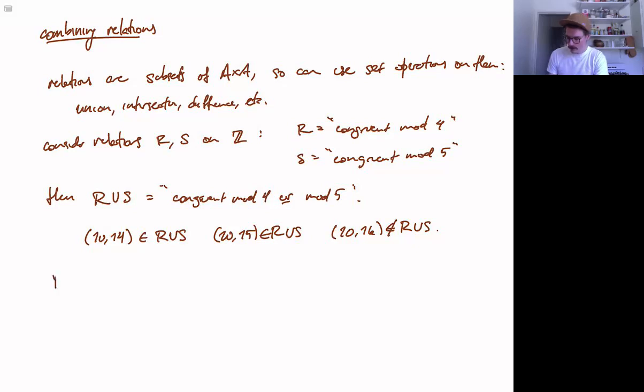So let's give another simple example. R minus S is, so we are saying elements are related if they are contained in the relation R, but not contained in the relation S. So if they're congruent mod 4, but not mod 5.